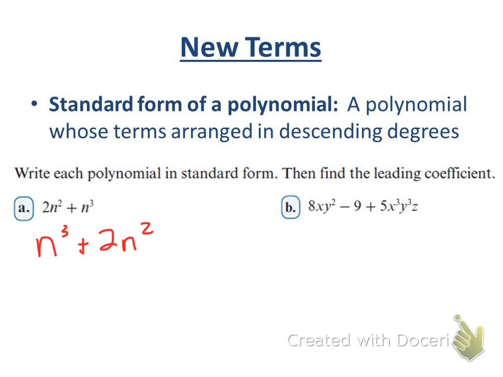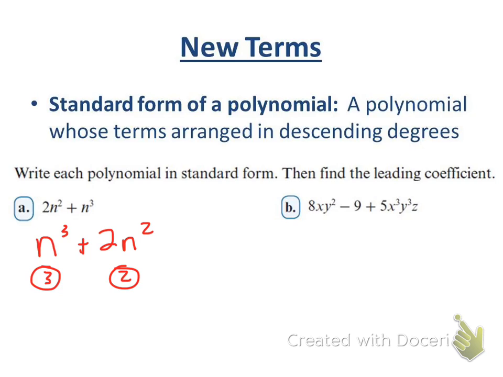Highest degree to smallest degree, right? So this term has a degree of 3. This term has a degree of 2. This is called the third degree term. This is called the second degree term. So we can talk about those things intelligently.